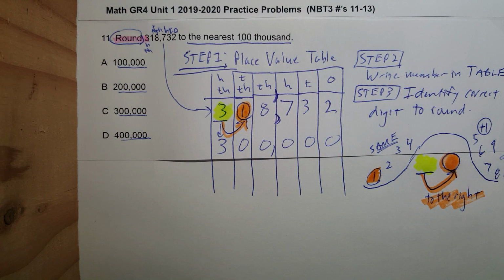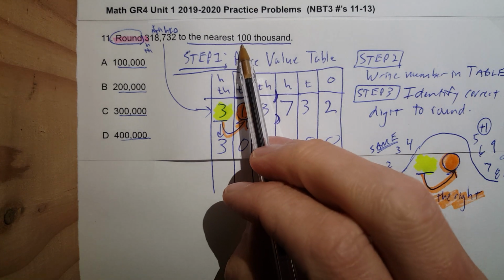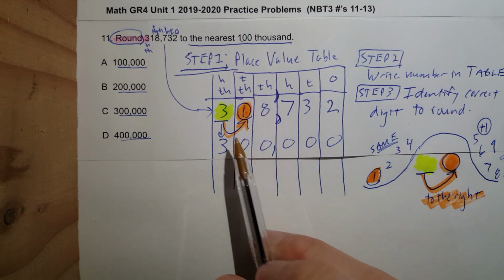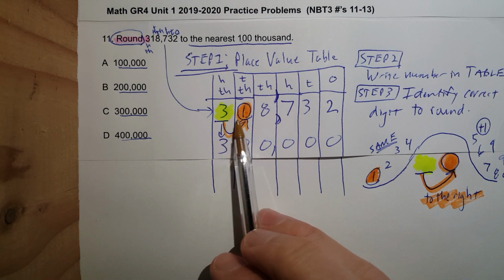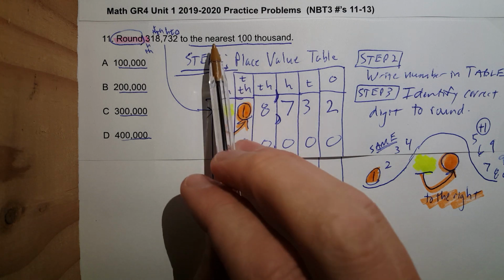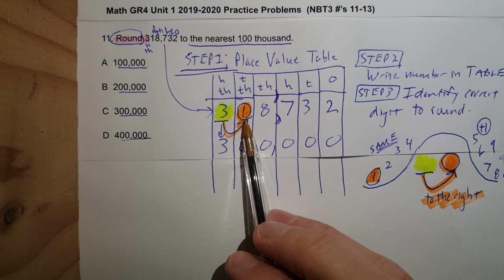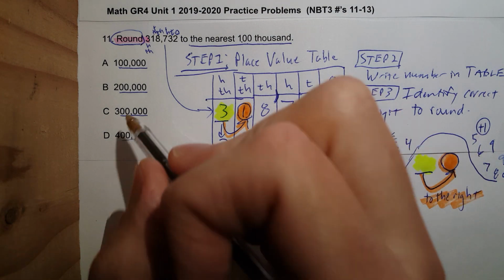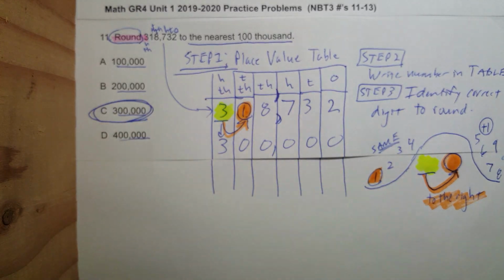Most kiddos get this right away, and then some of them, as soon as we say round it to 1,000 or the tens or the hundreds, it changes. But you are always just focused on 2 digits. You find the digit that you are rounding to, and then you look to the right to determine if it stays the same or if you add 1. Okay? So correct answer, 300,000.